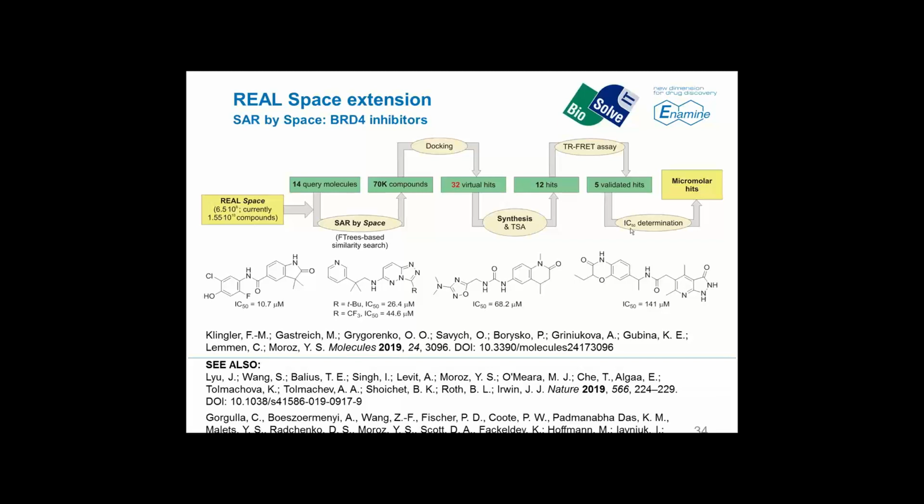And then, after IC50 determination, we ended with micromolar hits, sub-millimolar hits, maybe. These compounds were identified very quickly. So the whole project could take a month or two, or even less.